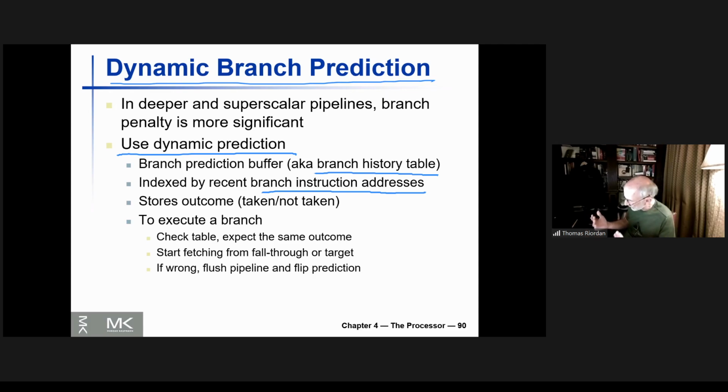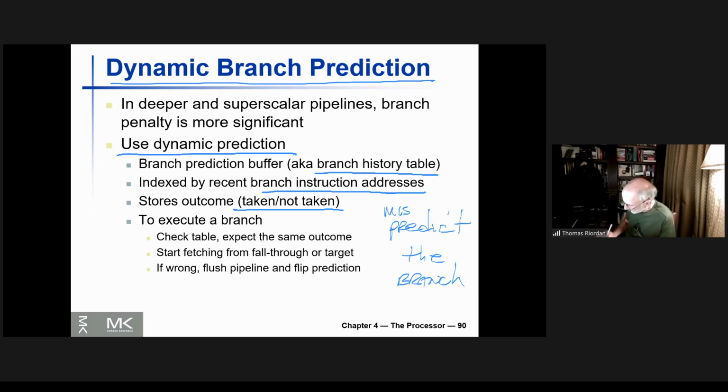So we have the branch address, and at that address we say, oh, there's a branch, and we're going to say what did that branch do the last time we were here. So every time we come to that address where there's a branch, we look in the table, and we use what's in the table, and if we mispredict the branch, we're going to update the table.